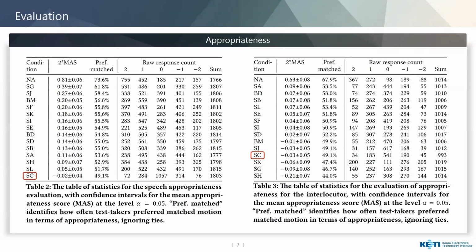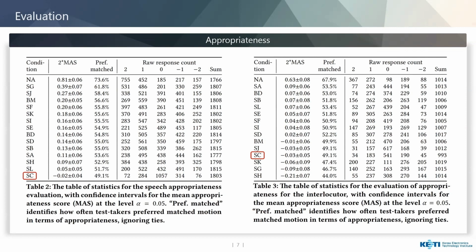Table 3 shows the results of evaluating the appropriateness of generating gestures to match speech when interlocutor information is added. We found that the visualization tended to generate unnatural gestures regardless of the interlocutor information.